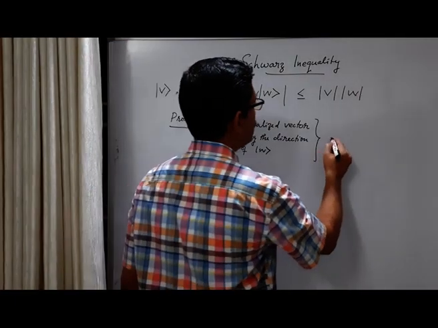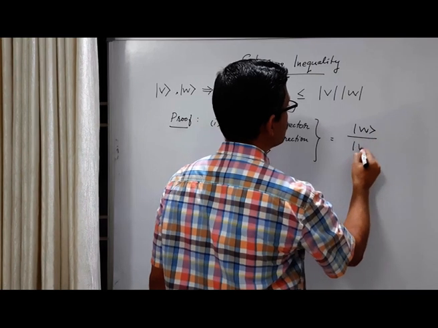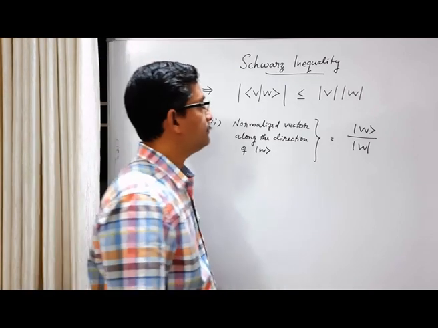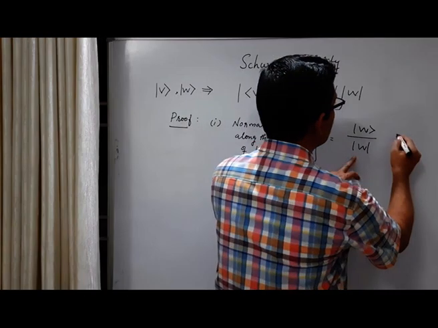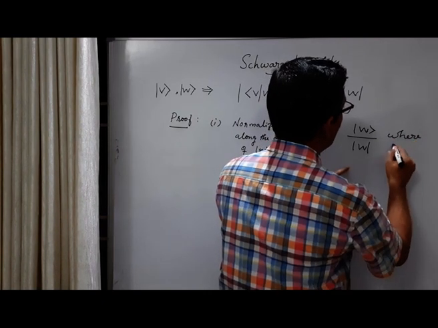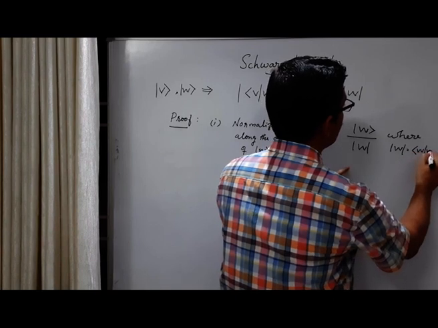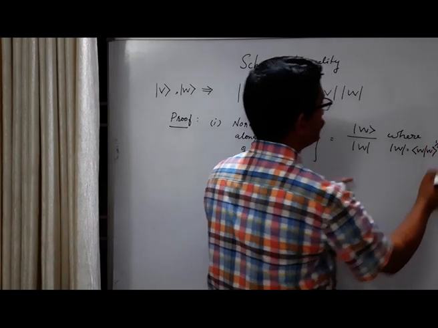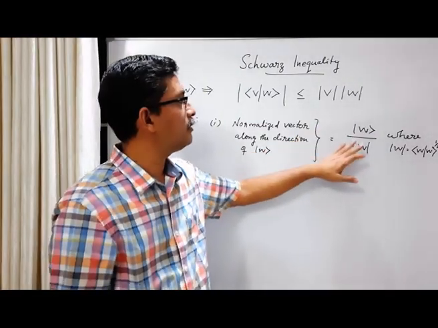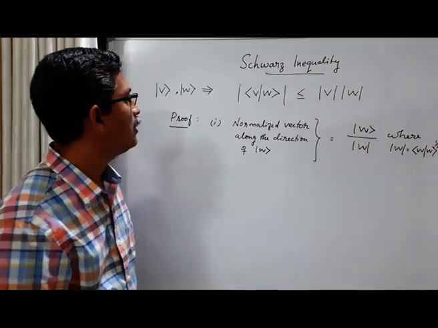You simply take the ket w and divide it by the modulus of w. Now how do we calculate the modulus of w? This modulus of w is equal to the square root of the inner product of w with itself. So this is the unit vector along the direction of w, or the normalized vector along the direction w.